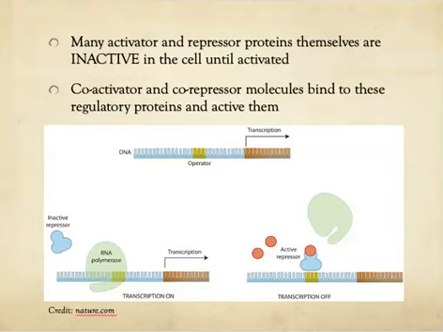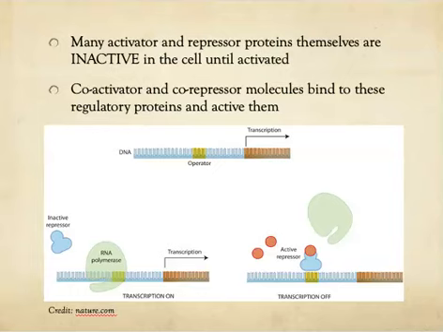Many activator and repressor proteins live in a cell in an inactive form. If you think about it, that makes sense. You don't want these activators and repressors to be active until you need them to be active. So cells keep them in an inactive form until they're needed. These are proteins, and one of the easiest ways to activate or inactivate a protein is to simply stick something onto it, even something as small as a phosphate group.